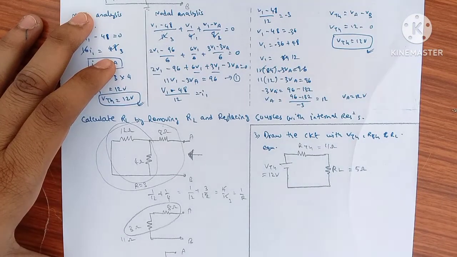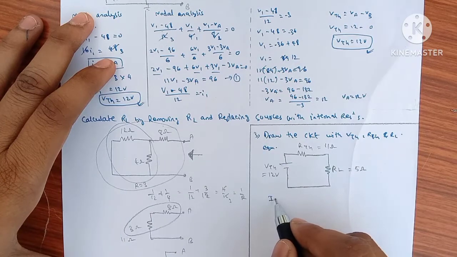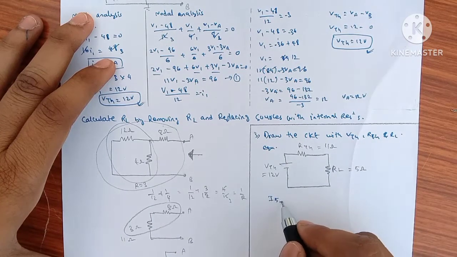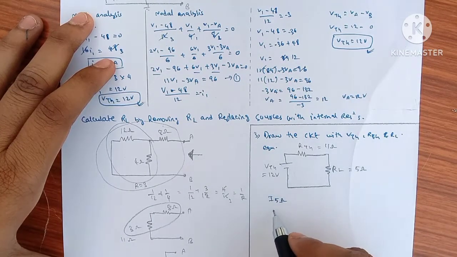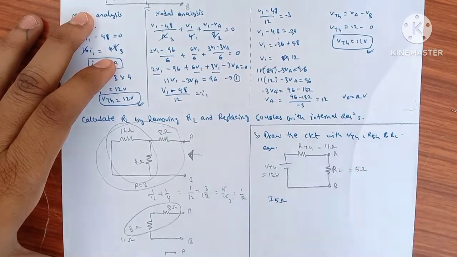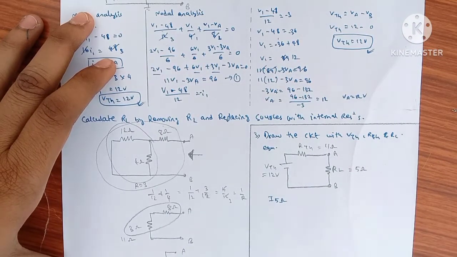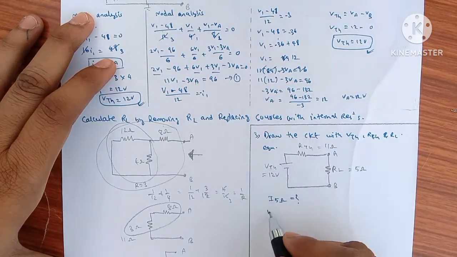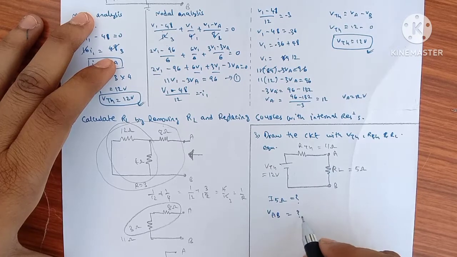Here we are asked to calculate the current through the 5 ohms resistor and the voltage across this load resistance.